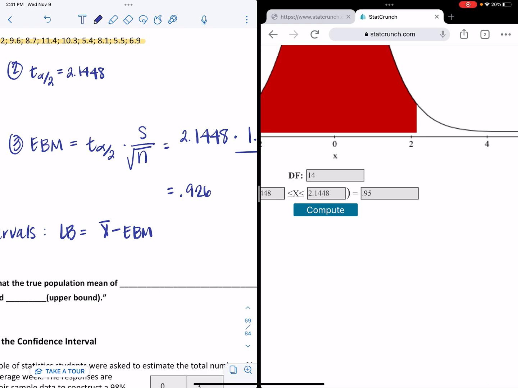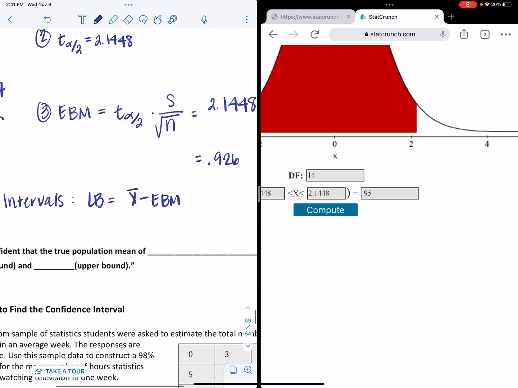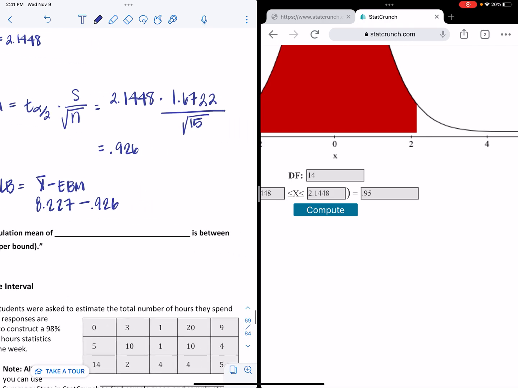So I'm going to do x bar minus the EBM. And then I'm going to do it again for the upper bound, but I'm going to use plus the EBM.